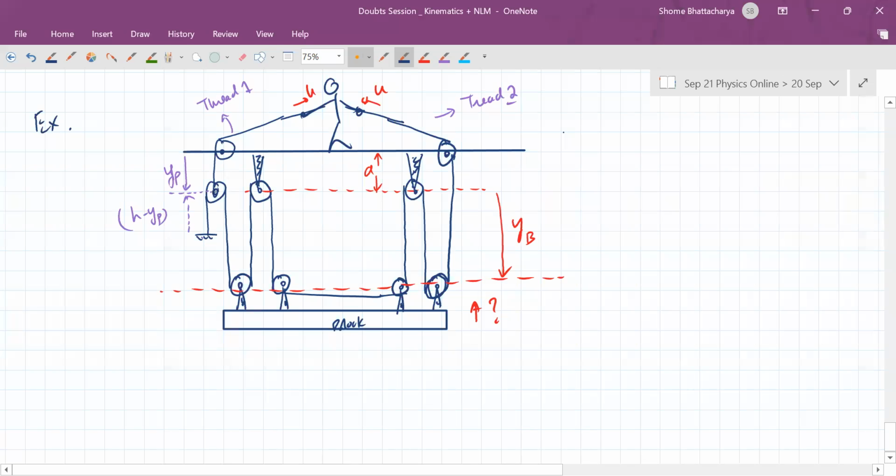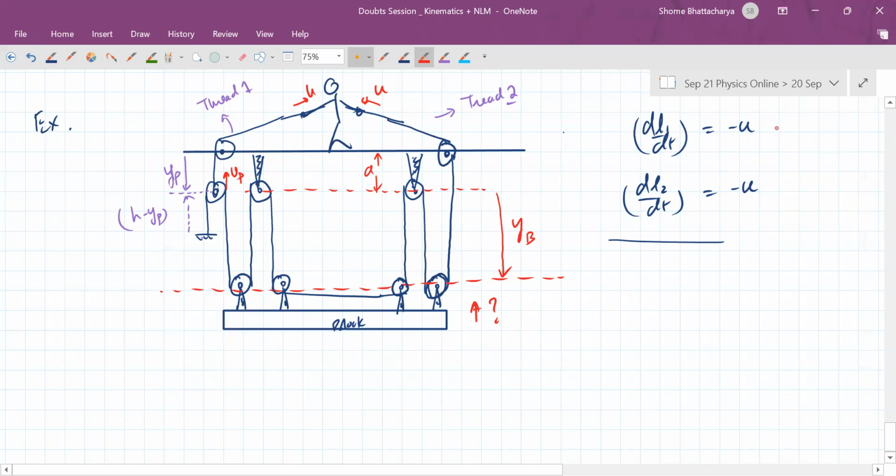Thread 1, its length is reducing at the rate of u. Okay. So dl1 by dt is equal to minus u, because he's pulling the thread from this side at a speed u. And the length of the second thread is also reducing at the rate of u. Okay. Now let's write the expression for this. So you'll see that this pulley will be going up with some velocity, let's say vp.